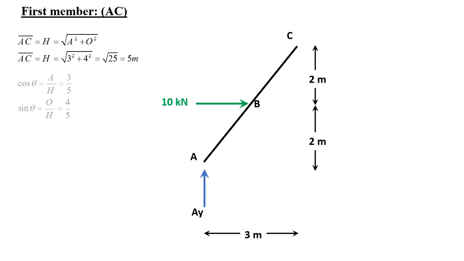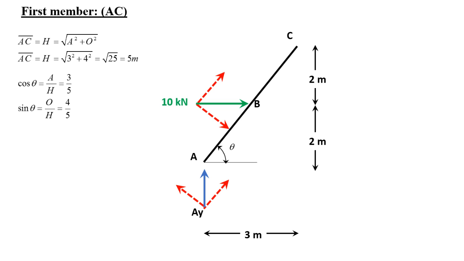Alright, now the cosine of theta, and now I'm going to show you the theta. Let me just skip ahead to show you the theta. This is the theta. The cosine of this angle is basically the adjacent over the hypotenuse, which is 3 over 5.